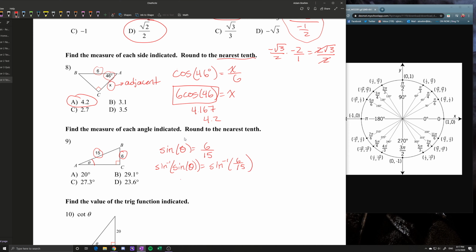So the left hand side simplifies to just theta, and the right hand side is sine inverse of 6 over 15, which if you plug that into a calculator, it's second and then sine, and then the fraction 6 divided by 15, which comes out to 23.6 when you round to the nearest tenth, which is option D.